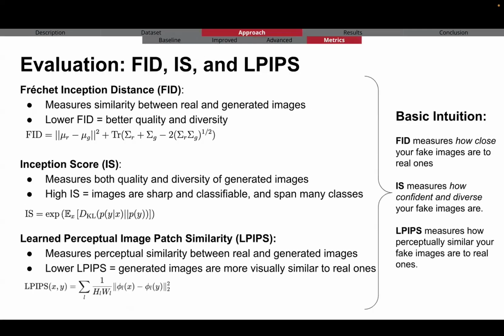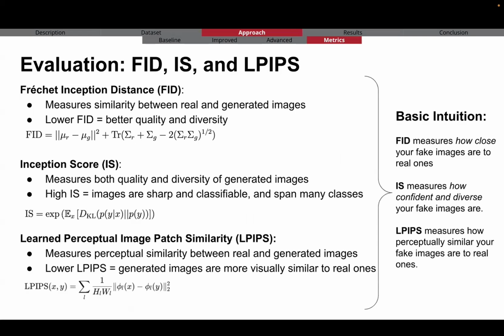To evaluate the quality of our generated images, we use three common metrics: FID, IS, and LPIPS. FID measures how close the feature distribution of generated images is to that of real images. A lower FID score means better realism and diversity. Inception score measures both how confident and how diverse the generated images are.